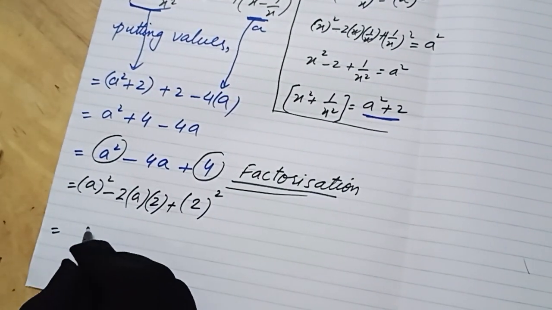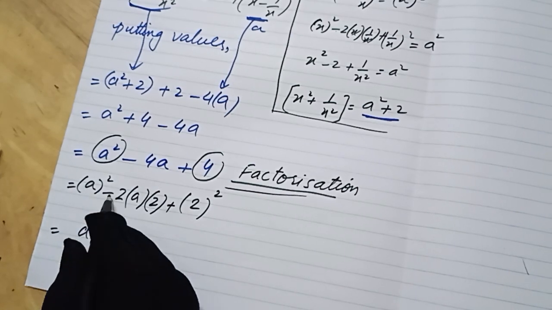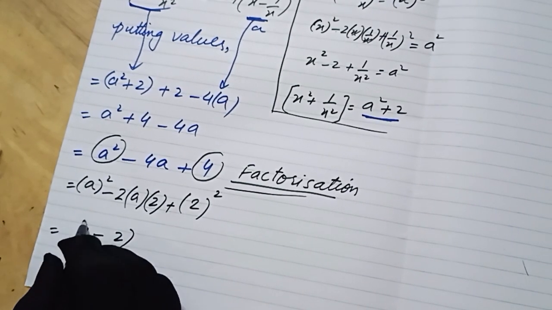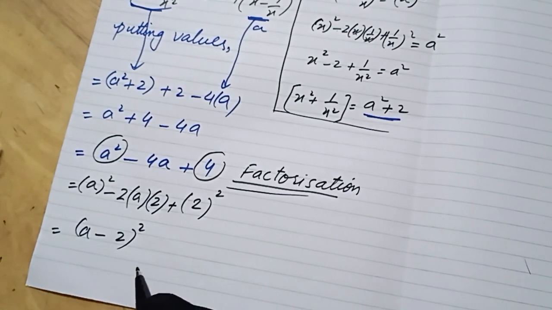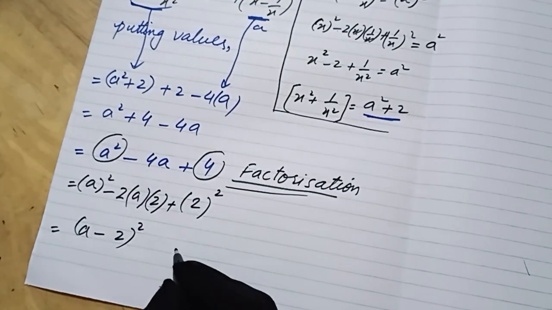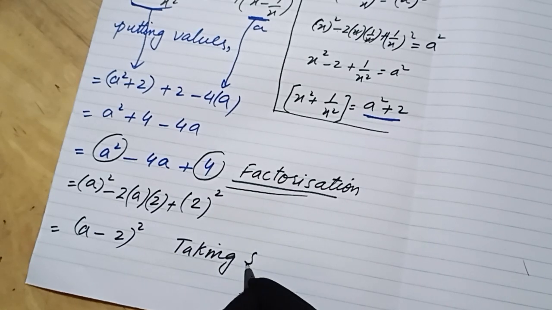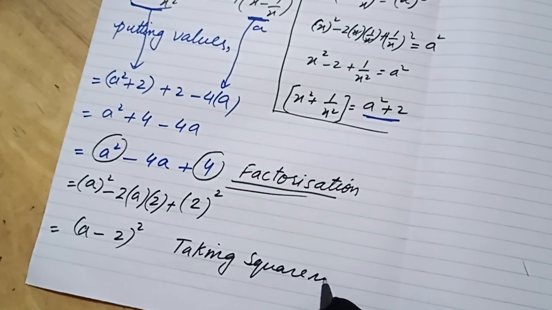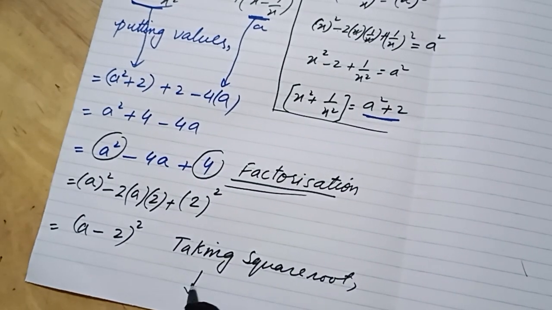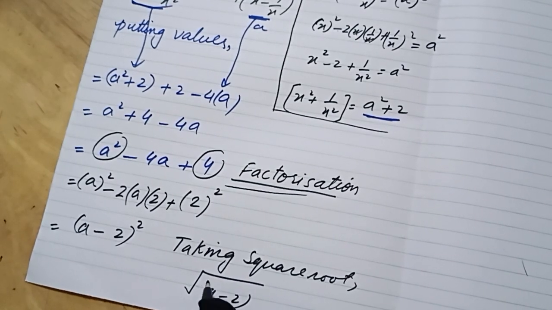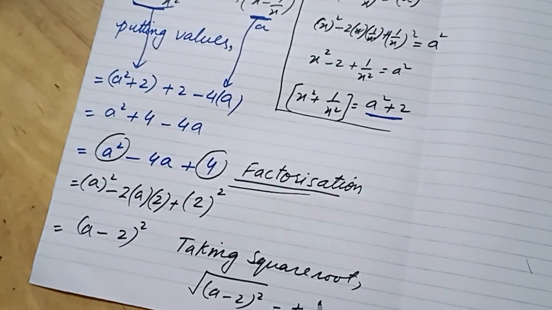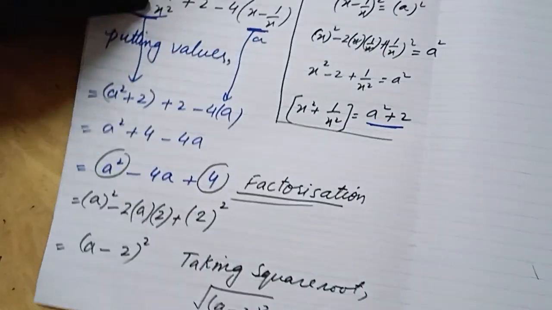So we can apply the formula: first term minus second term, whole square. At this time taking the square root, we can take the square root now. (a minus 2) whole square is equal to plus minus (a minus 2).